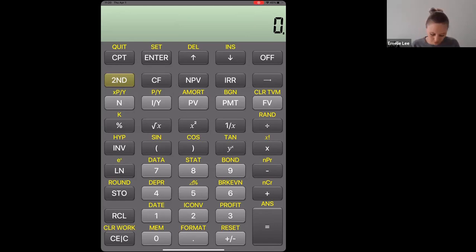So you have 1 plus store 1, so recall 1, equals. Then to the power of negative 48, making sure the negative and the 48 are all in the power using brackets. So to the power of bracket 48 and then negative, using that plus minus button down by the equal sign, bracket, equals, okay.